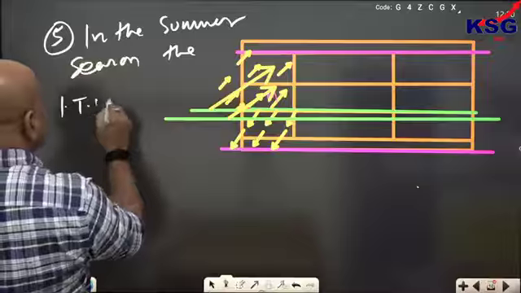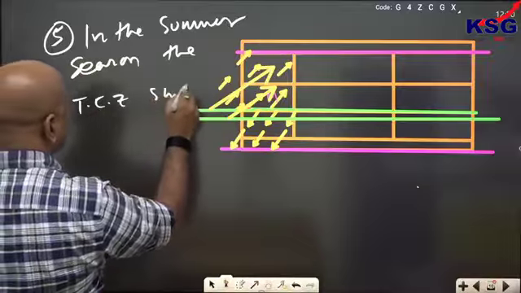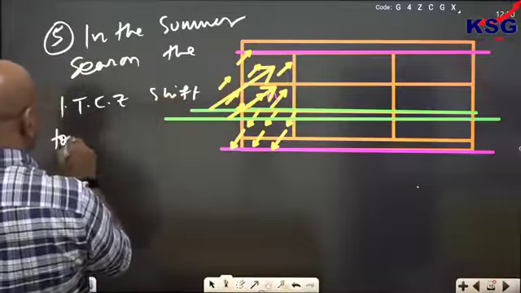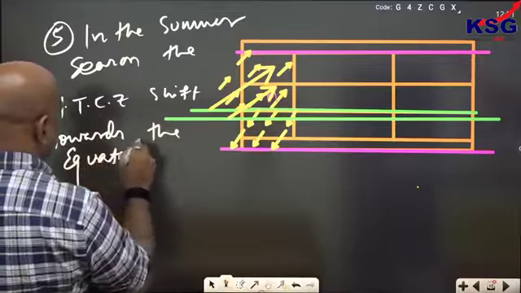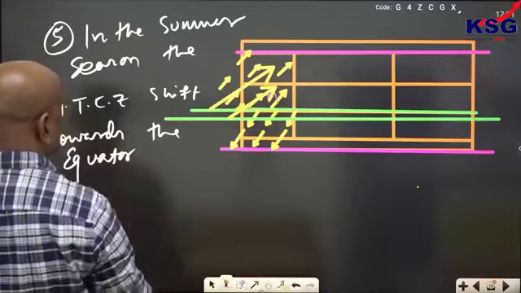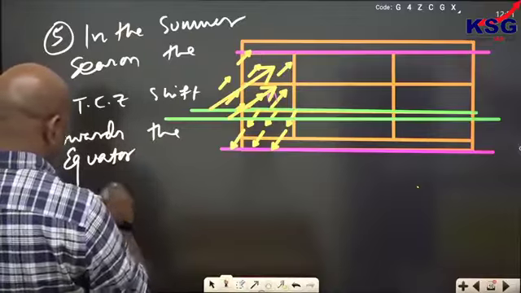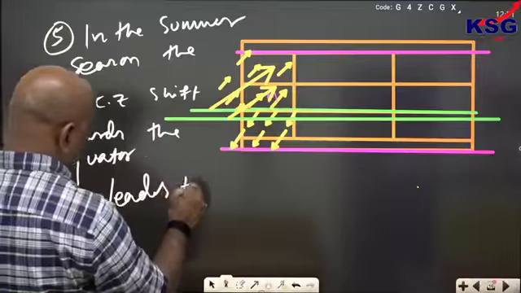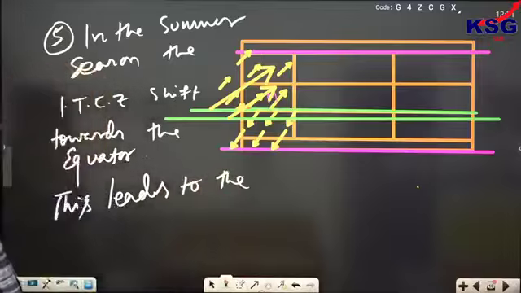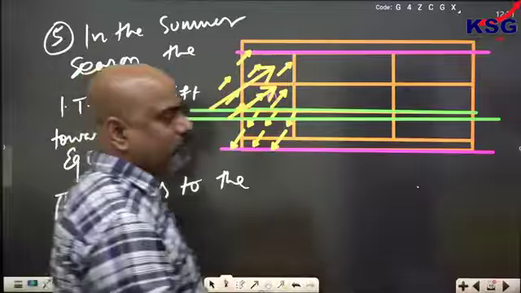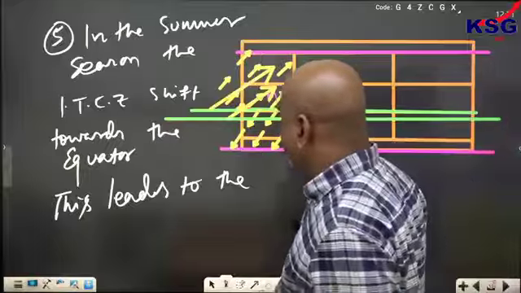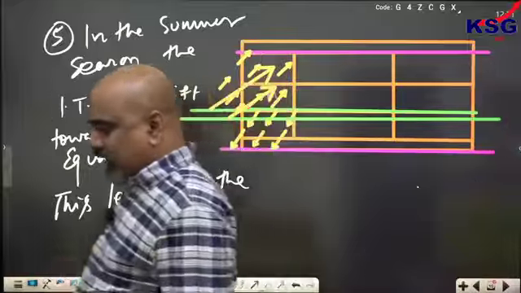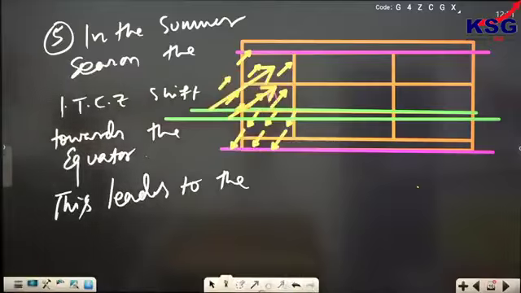The ITCZ shifts towards the equator. क्योंकि ITCZ shift करेगा equator के तरफ.